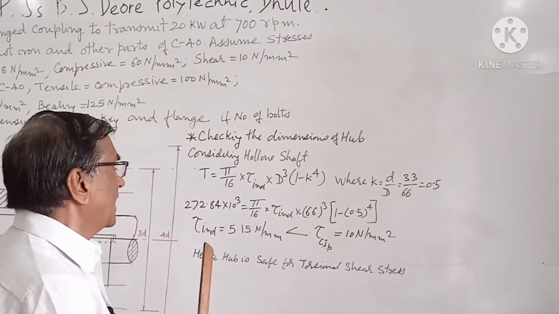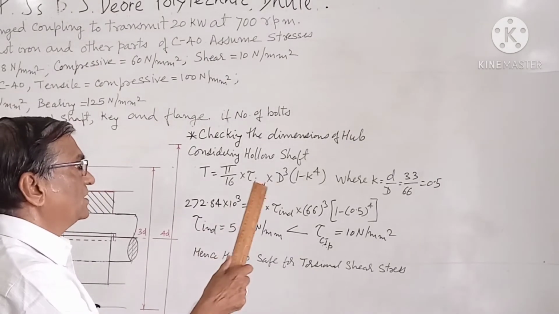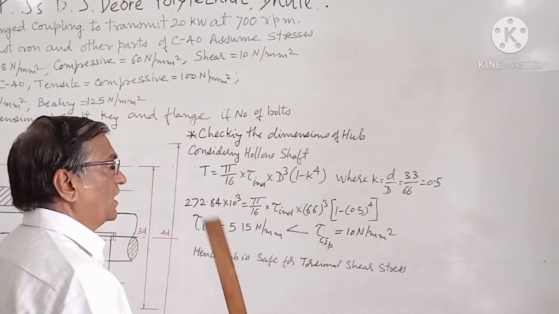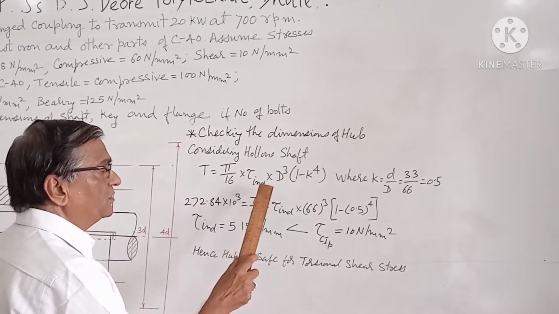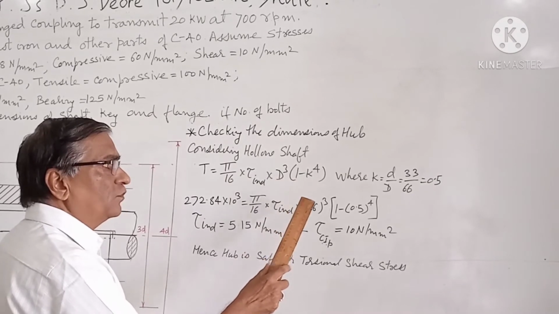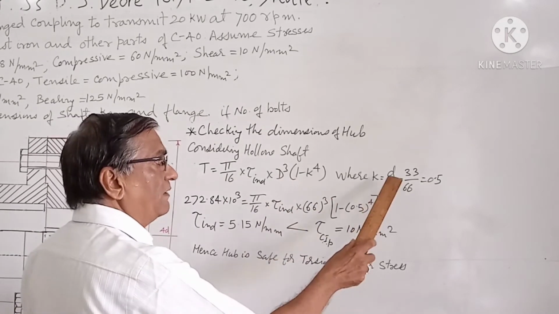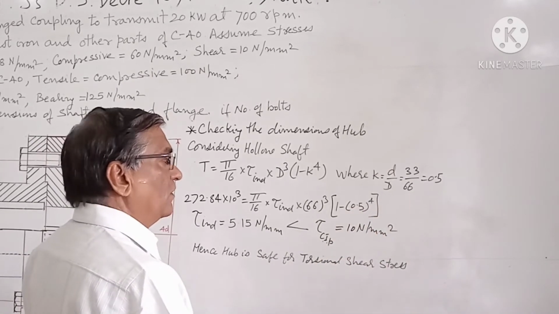Checking the dimensions of hub for torsional shear stress considering hollow shaft. From the formula T is equal to pi by 16 tau induced into capital D cube in the bracket 1 minus k raised to 4, where k is the ratio of shaft diameter to hub diameter, that is k is equal to 0.5.